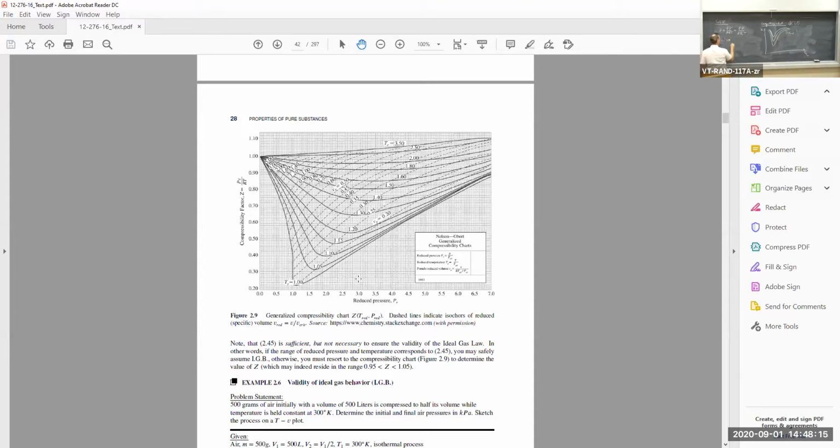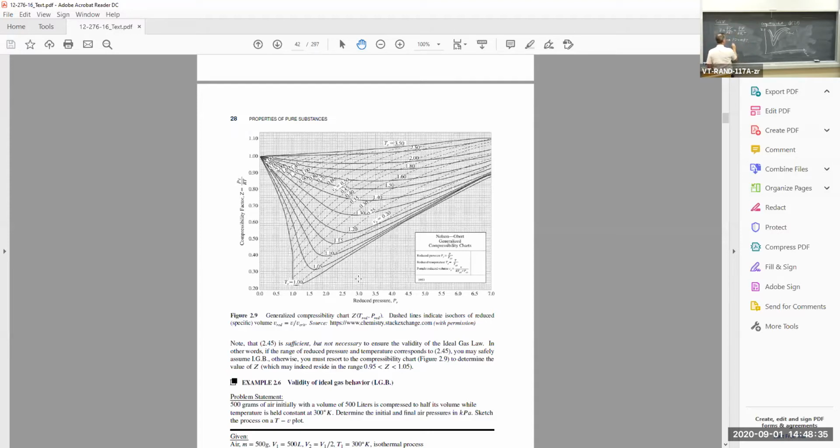We get pressure times volume is equal to mass times the gas constant times temperature. If Z is approximately equal to 1, you can put approximately here if you want, then I get PV is equal to MRT, okay?